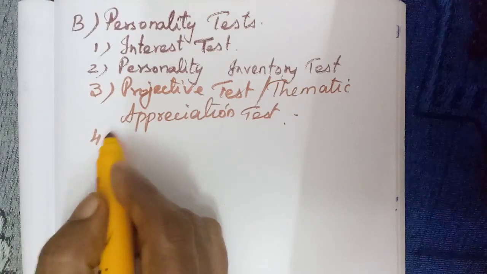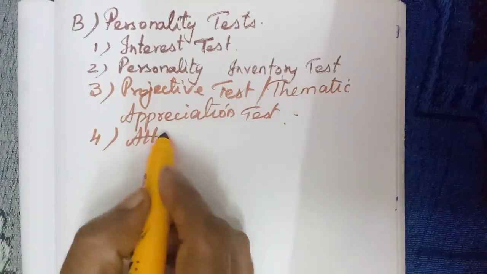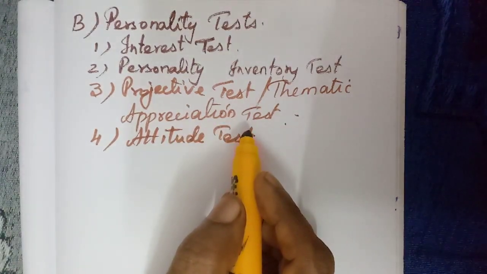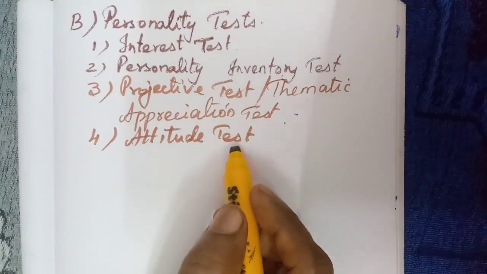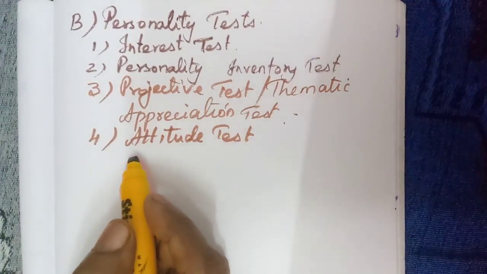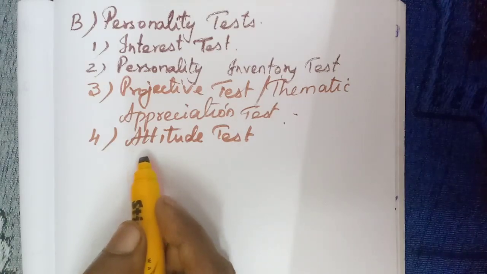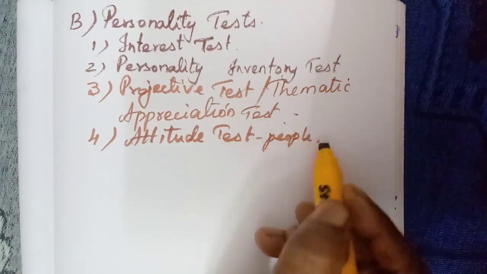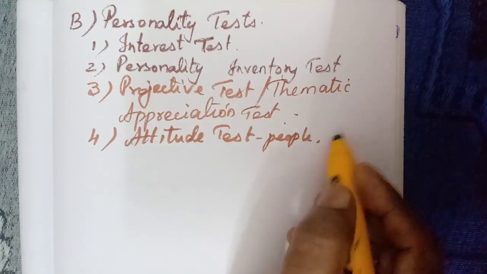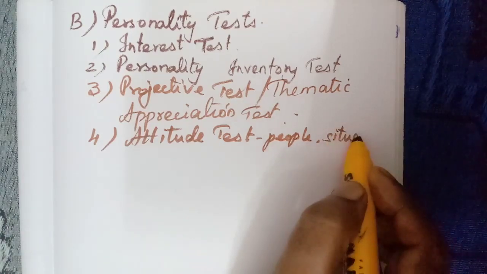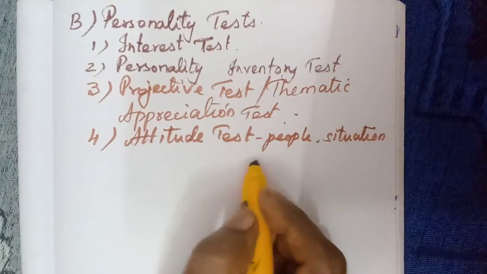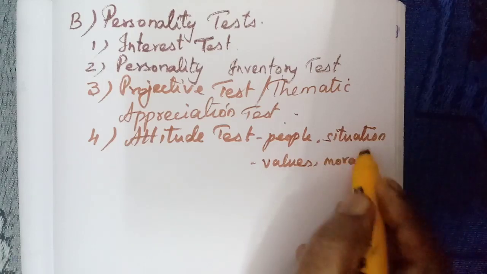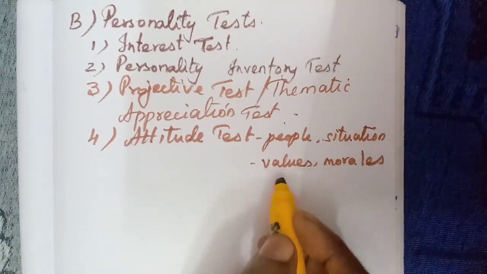Then the fourth one is attitude test. In this attitude test, they will test the attitude of the candidates, or the candidates' tendencies towards people, how they are having the attitude towards other people, or in any critical situation, how they will act, what will be their values, their morals, then social responsibilities.